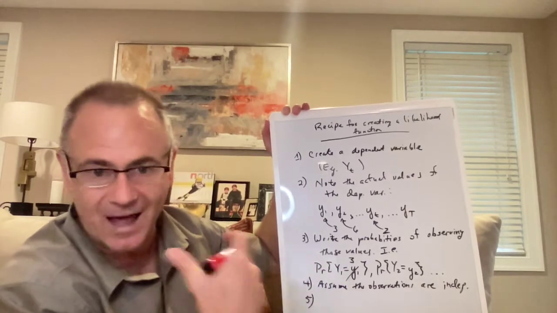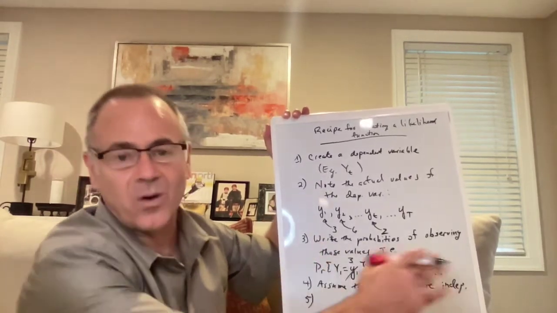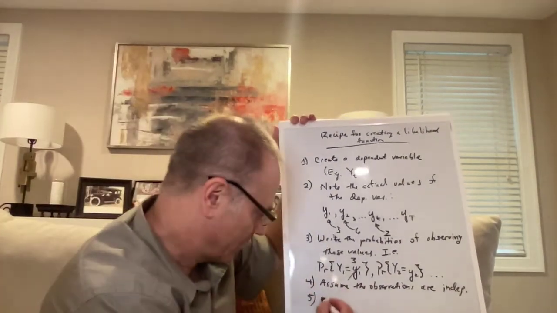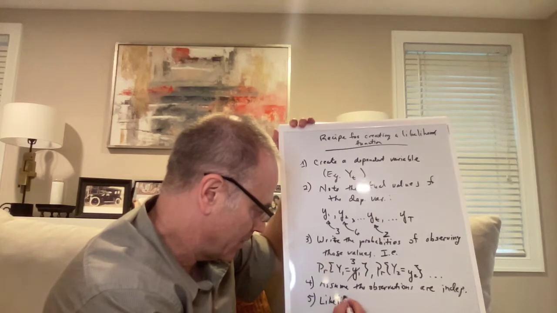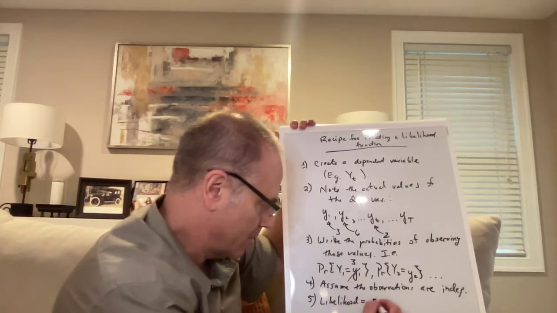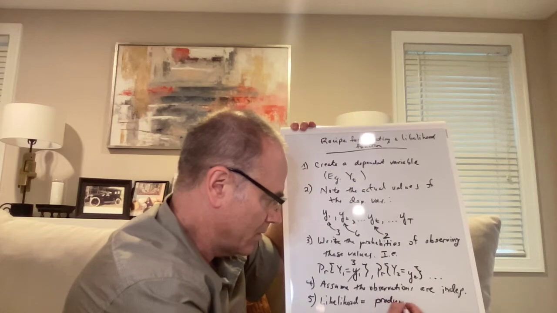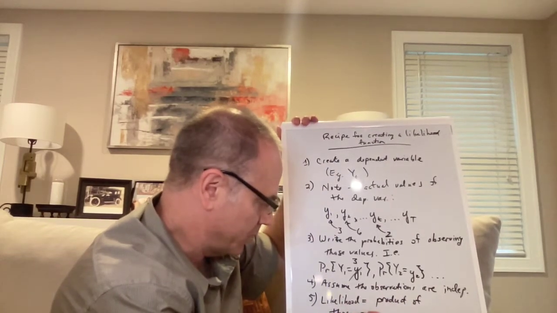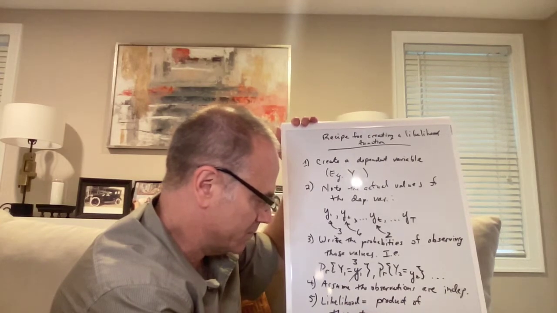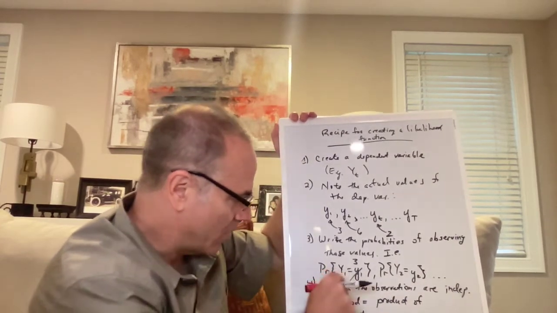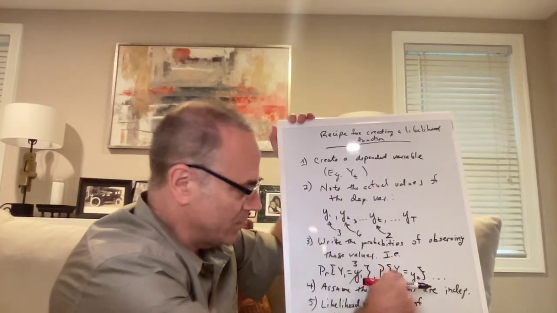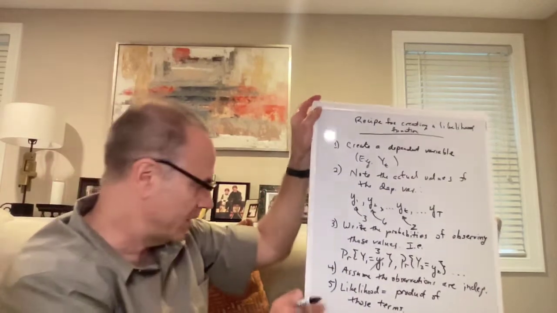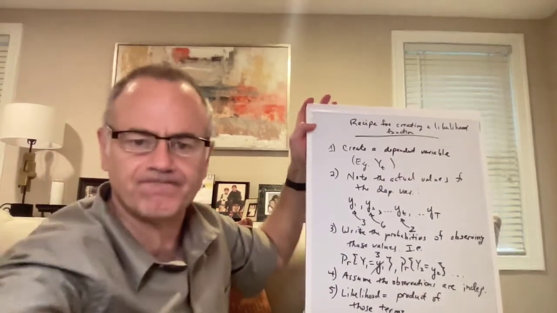So that means the likelihood is just going to be the product of all those probabilities. Likelihood is the product of those terms. That is probability Y1 equals little y1 times probability big Y2 equals little y2, and so on.